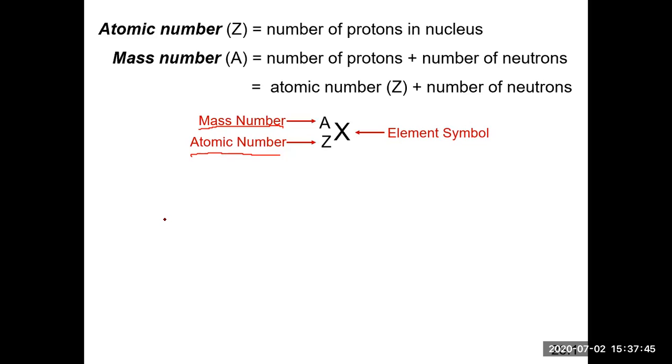If your guy is neutral, it will also tell you the number of electrons, but do remember that the actual definition of an atomic number is what we see here, the number of protons. On the periodic table, that is the top number, is our atomic number.